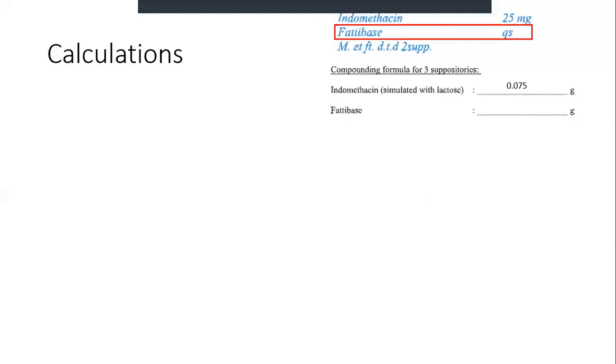Next, we will calculate how much fatty base we need. The formula we have states that we need QS, or quantity sufficient, of fatty base to make our suppository. So we will need to solve how much we need for our 3 suppositories that we are making. We can start off by utilizing the size of the mold, which is 1.76 milliliters, and multiplying that by the specific gravity of fatty base, which is 0.89.